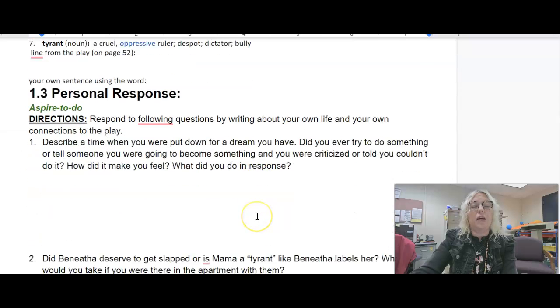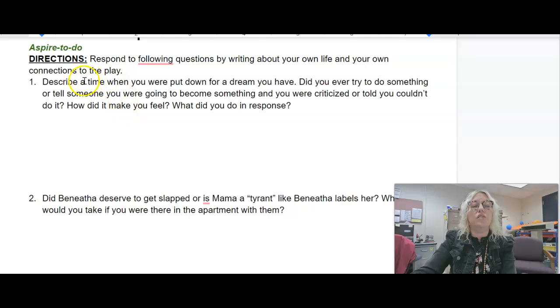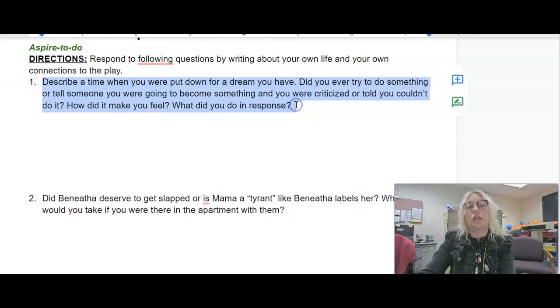And then for an Aspire to Do, respond to the questions in a personal response way. You're talking about yourself and making connections between yourself and the play. So this one asks you to describe a time when you were put down for a dream you have.